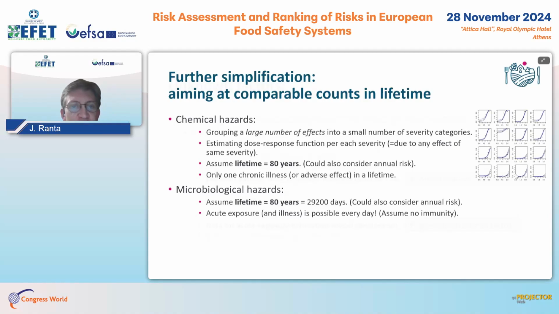So basically every day when you eat something is a possibility to get a gastrointestinal illness or infection. And then to make this comparable, we could try to integrate the cumulative number of cases that could happen in a longer time.